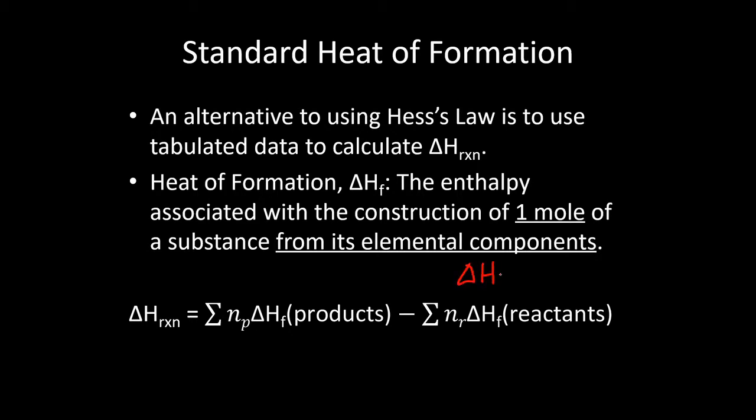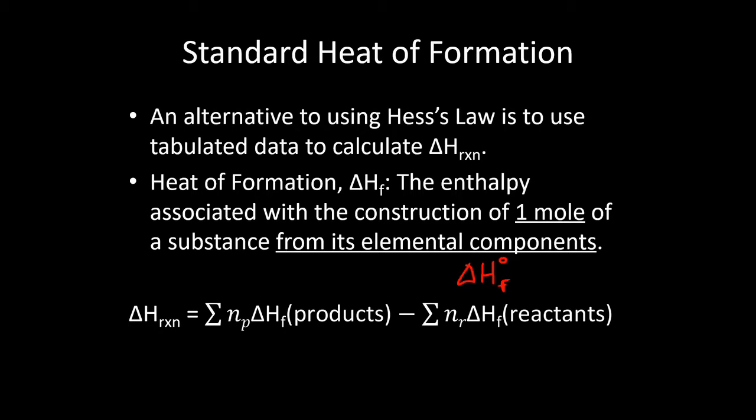So it looks something like this. Delta H of formation with a little O sign up there. We're not going to worry about what that means right now; in Chem 2 we'll talk about what that means. But we're going to use those numbers from the table to determine the enthalpy change for a reaction by taking the values for the products, multiplying them by the coefficients from the balanced chemical equation, and adding all those together.